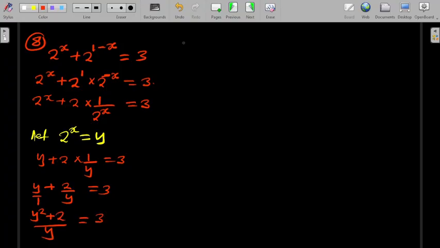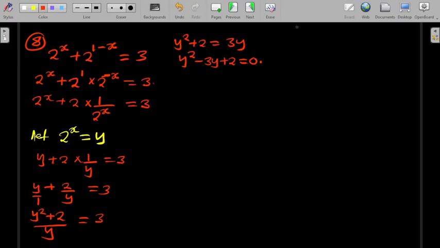After this, we do cross multiplication, which gives us y squared plus 2 equal to 3y. Now we collect our like terms. So we have y squared, the positive 3y, when it crosses an equal sign, becomes negative. So I have negative 3y, then plus 2, equal to 0.